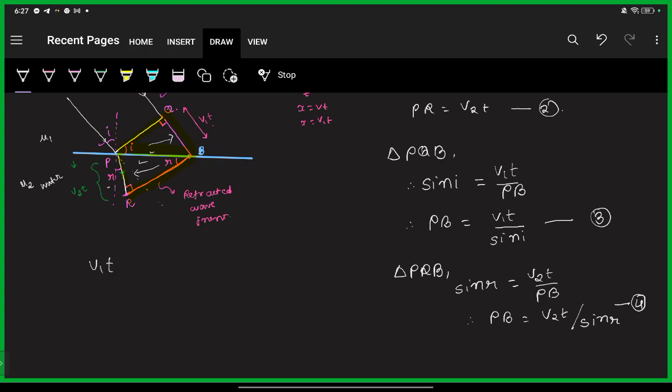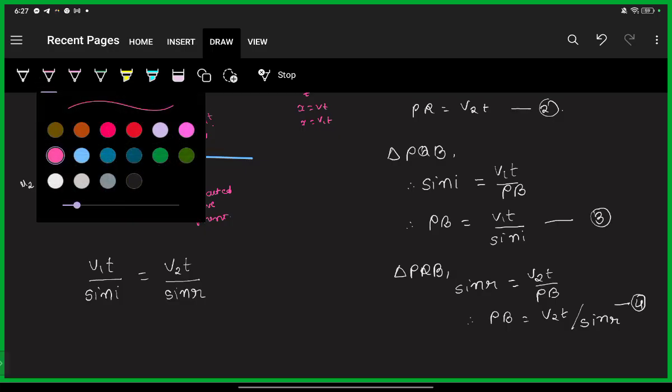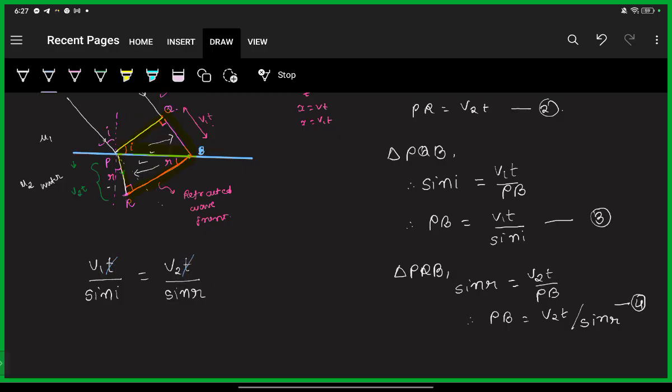So V1T divided by sine I is equal to V2T divided by sine R. You can cancel out these t's and we end up with V1 by V2 is equal to sin I divided by sin R. Yes or no? So this is our famous Snell's law. Yes or no?